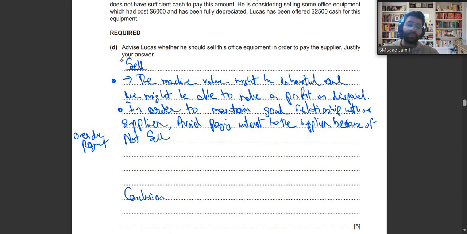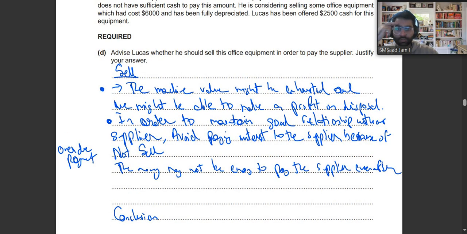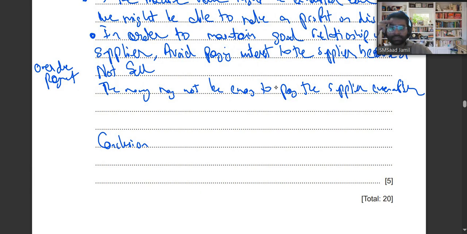Now we will mention the reasons why we should not sell the equipment. So first of all, the money may not be enough to pay the supplier even after, let me zoom in because I have no space, even after selling the equipment.